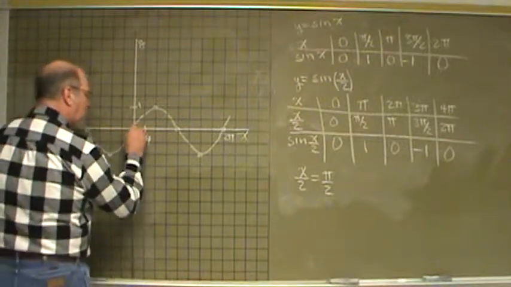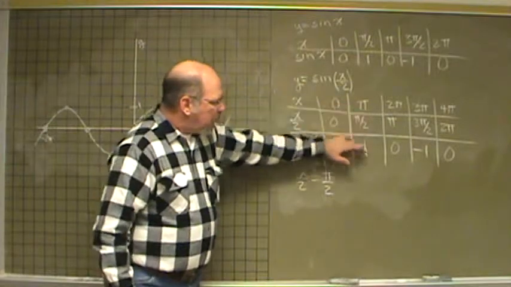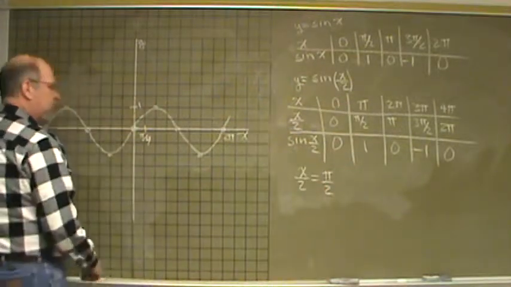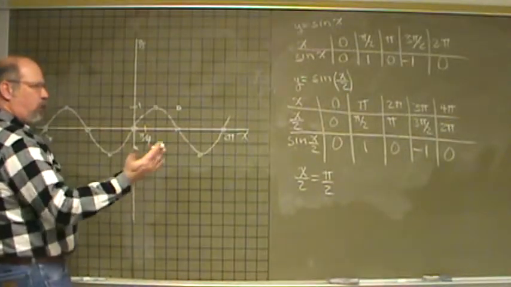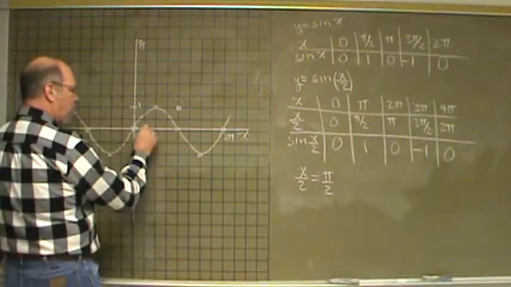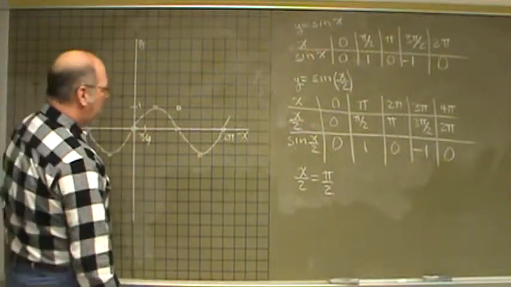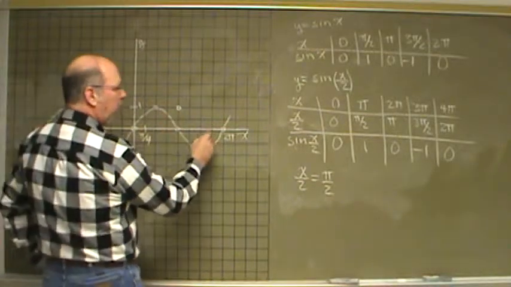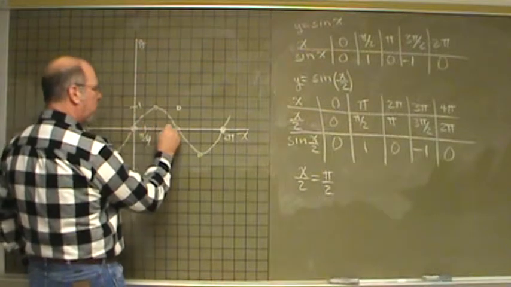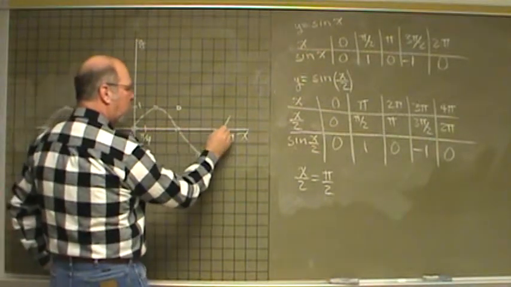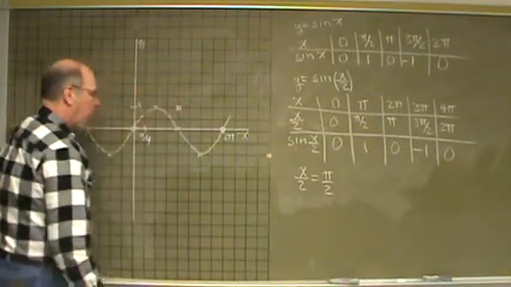So we still have the point 0, 0, but now x has to get all the way to pi before the sine reaches 1. So pi puts me here. On this, 4 pi over 4 is pi: there's 1 pi over 4, 2 pi over 4, 3 pi over 4, 4 pi over 4. Then I have to get to 2 pi before I'm back at 0. If you look at it, 1, 2, 3, 4 puts me down at negative 1.